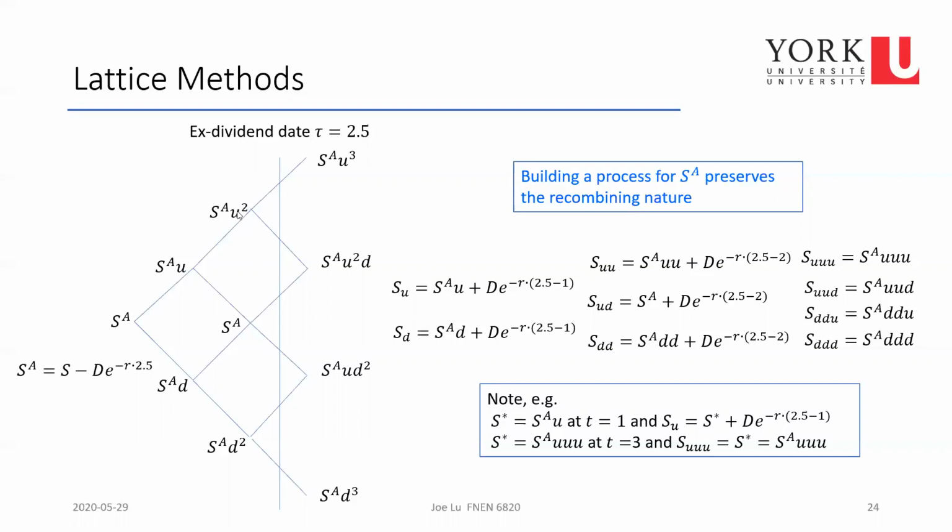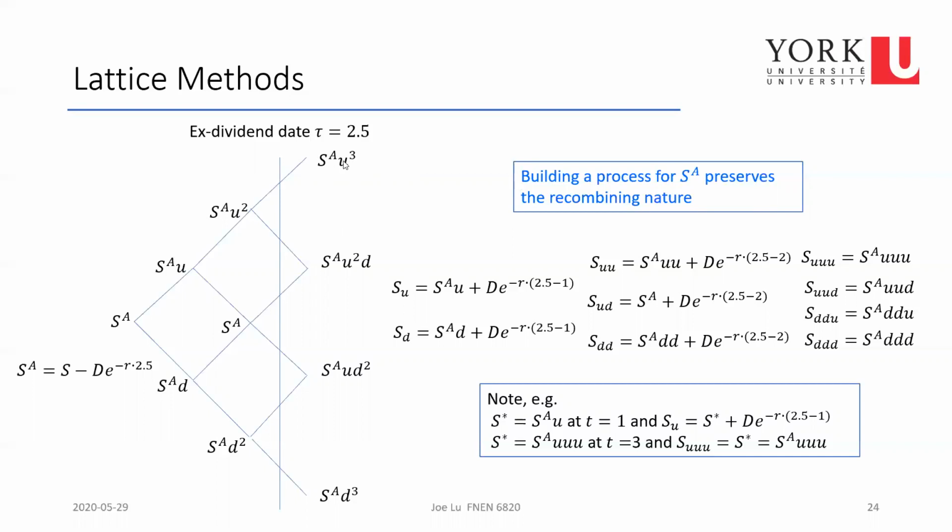So the value you calculate for waiting will be whatever payoff you get from here, discounted to a point earlier, and the payoff here is essentially related to SA here, right?